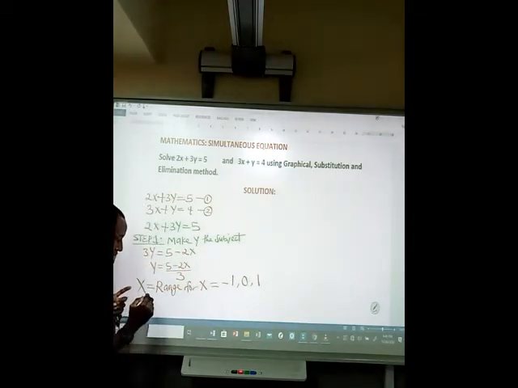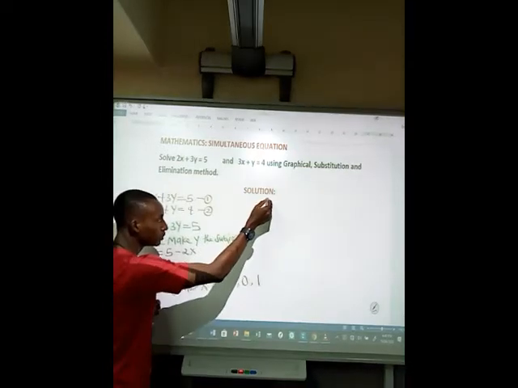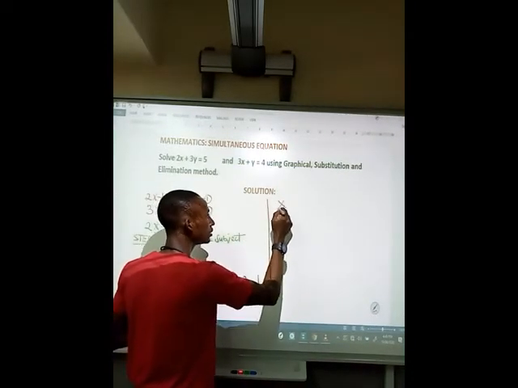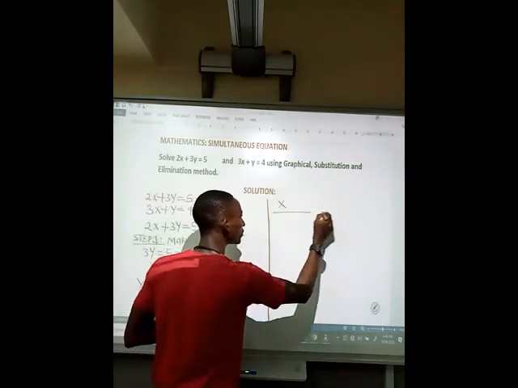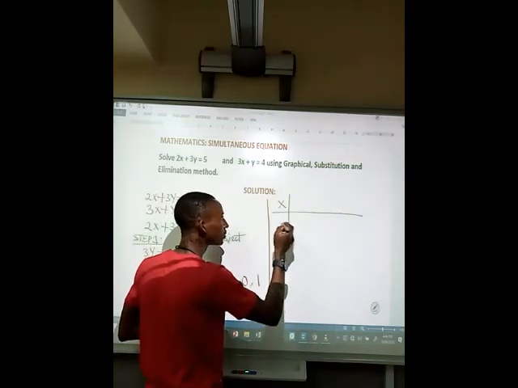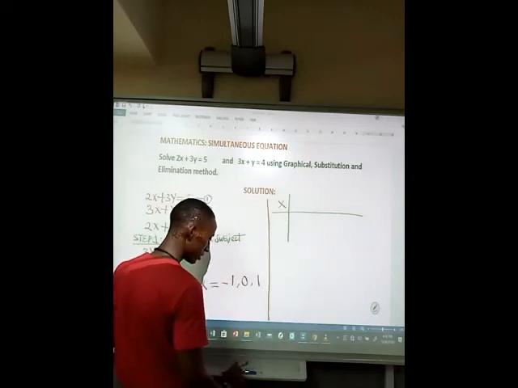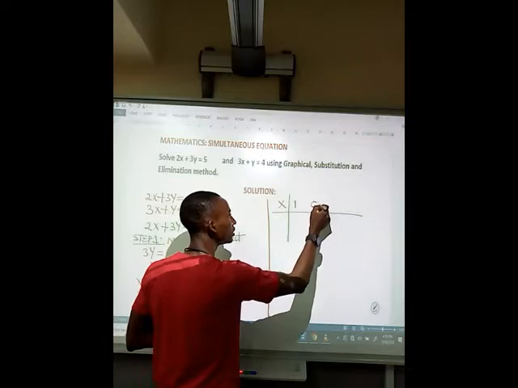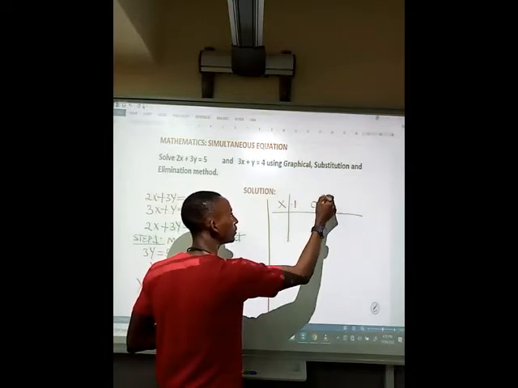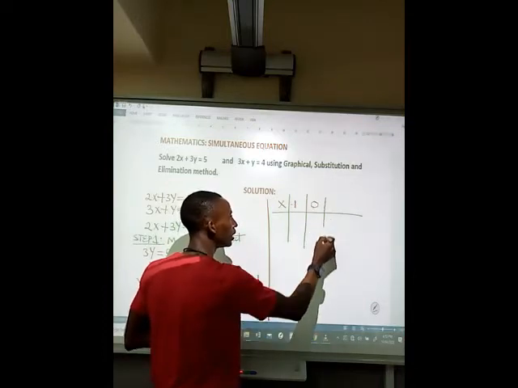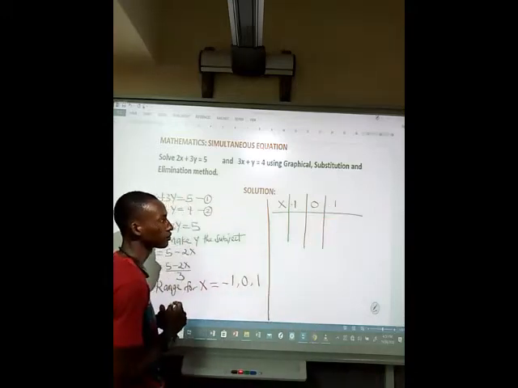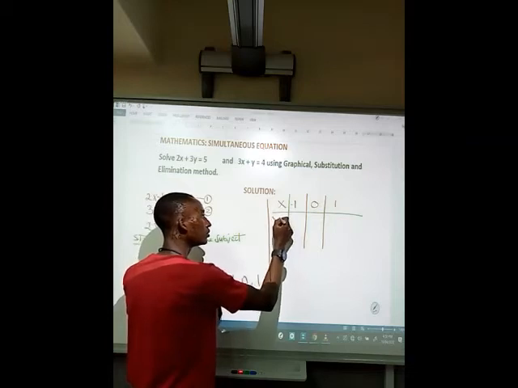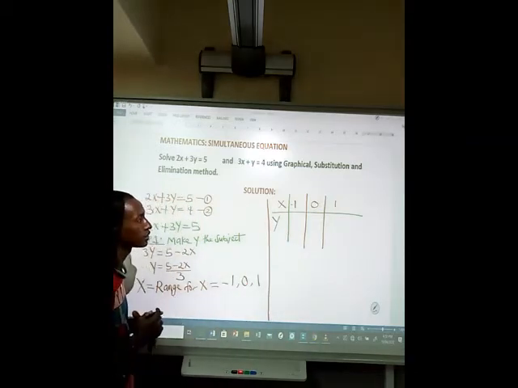This means in a nutshell that I can easily draw out my table to have x of minus 1, 0, and then 1. Now to complete this table, we have y at this point.